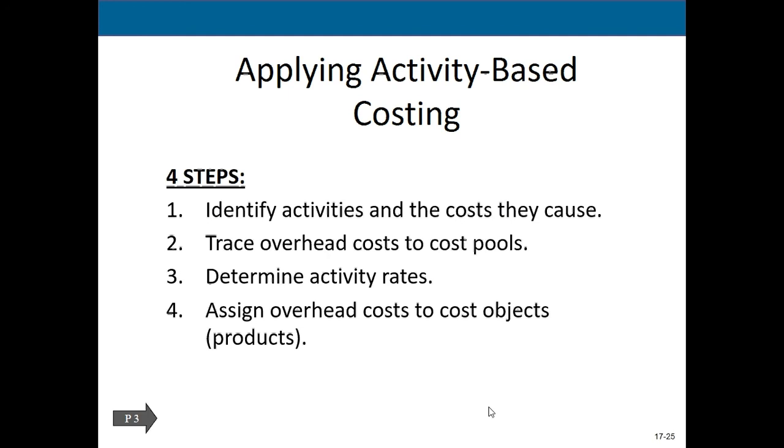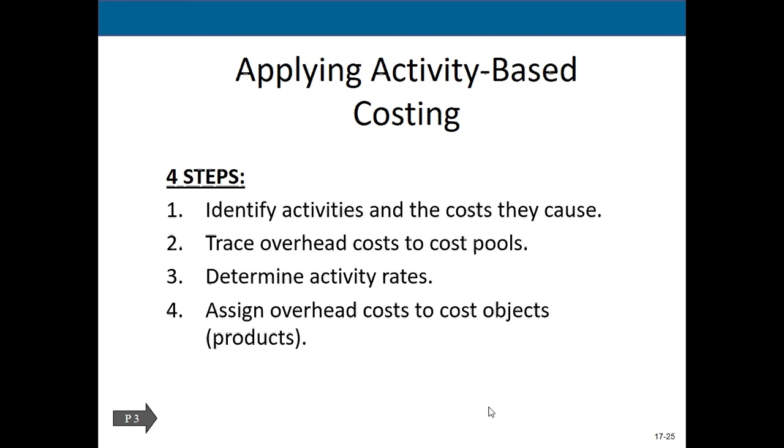So there might be something happening in machining that really takes more direct labor hours, as well as something in assembly that takes more direct labor hours than machine hours. Well, we're going to combine those two into one pool, even though they're in separate departments. And there's just all kinds of different ways that you can do it. So you create several different pools, and we're using a very simple model here.